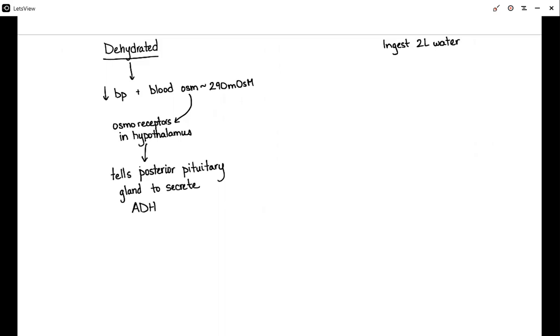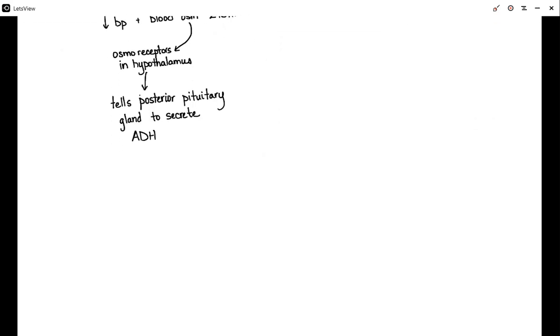And we know the rest of the story, so I'm not going to spend too much time going through it. Antidiuretic hormone is going to target what? Exactly, the collecting duct cells. And it's going to do what? Perfect.